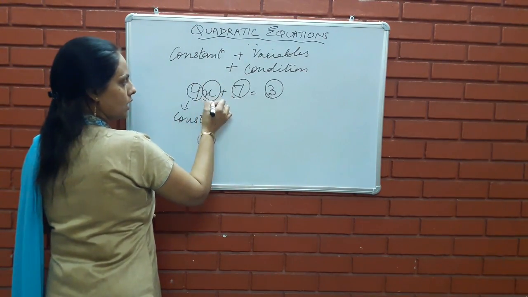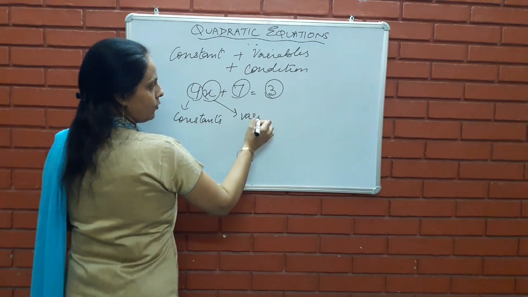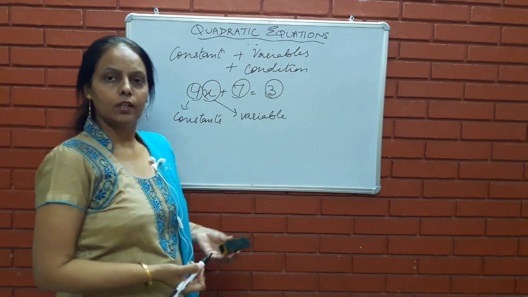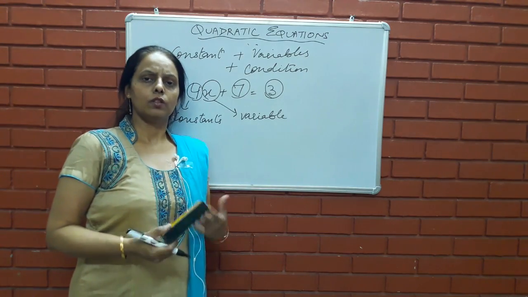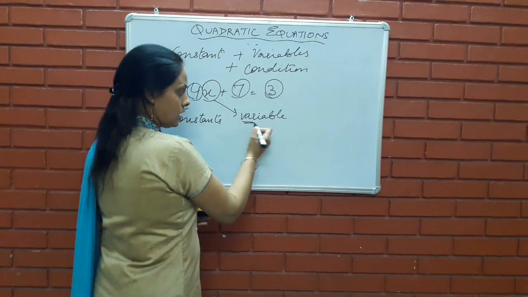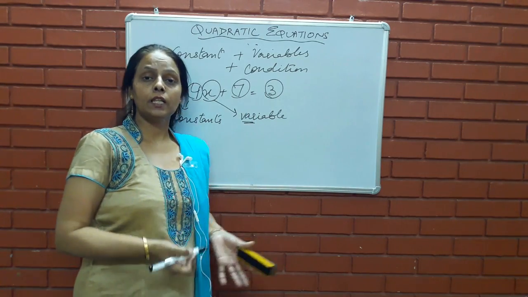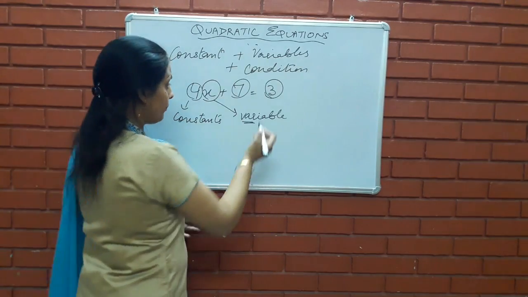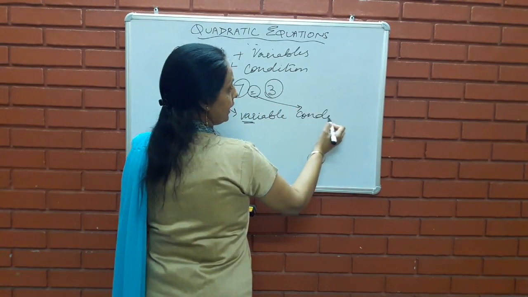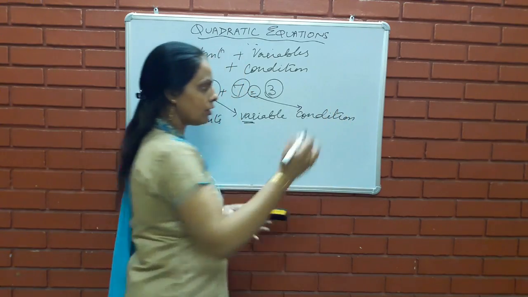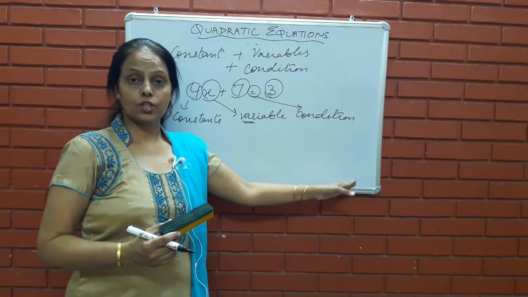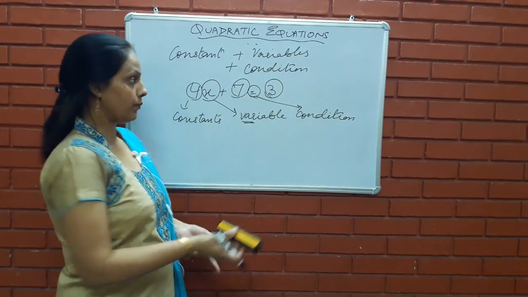This x is a variable. Constants are real numbers only. A variable is the missing value assigned by some alphabet, so we can assign any alphabet as a variable. And this equals sign gives the condition. So the collection of constants, variables and one condition gives us the equation.